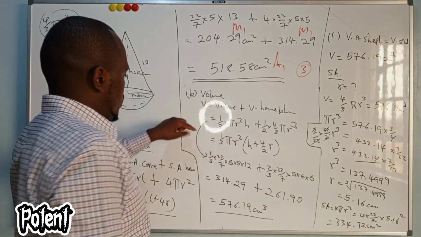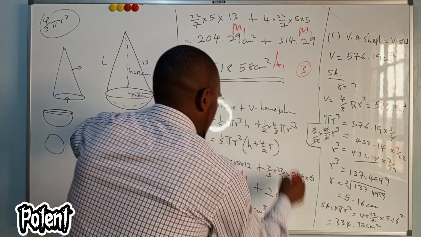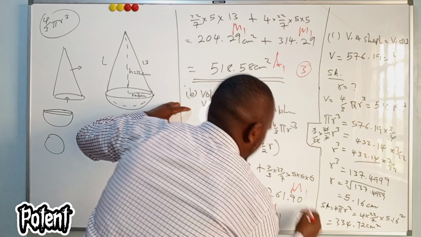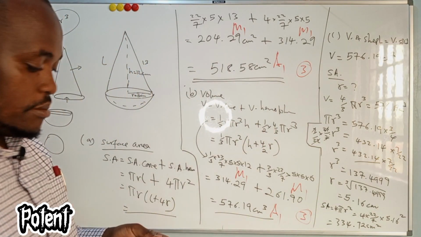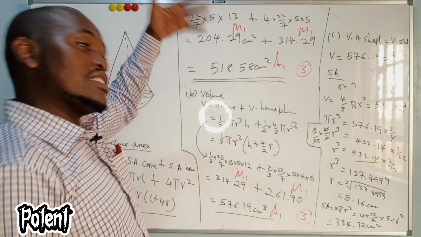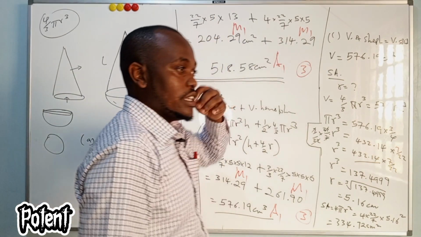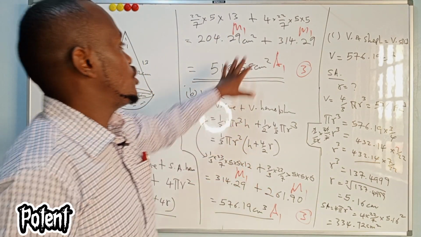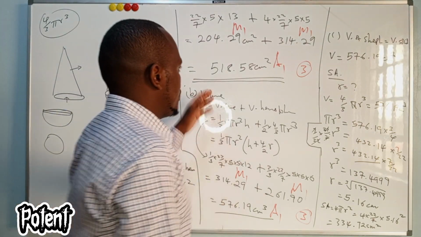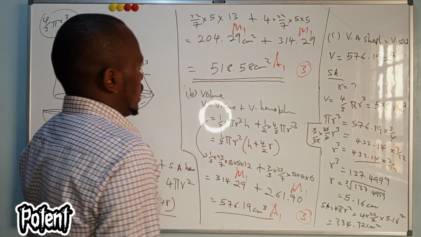You find the volume. If you find the volume of 1, you have M1, M1, and then A1, and you have 3. So remember, in mathematics, we are not very interested with the answer. We are very interested with the method. So if you do this, you have 2 marks. The answer only has 1 mark. So even if you don't get the answer correctly, you have your 2 marks. Now, volume of the new solid.